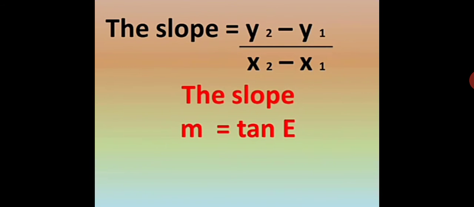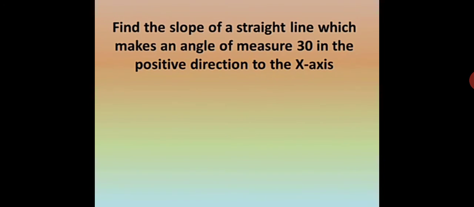So the slope has two rules: y2 minus y1 over x2 minus x1 if given 2 points lying on the straight line, or the slope equals tan E, the angle made with the positive direction of the x-axis.